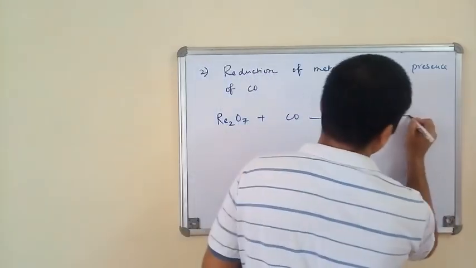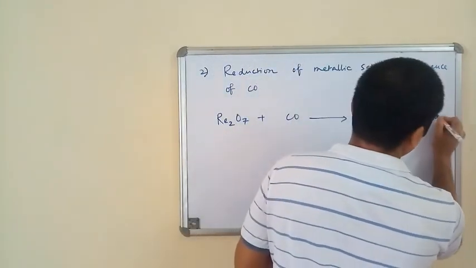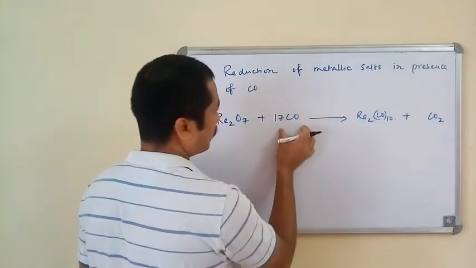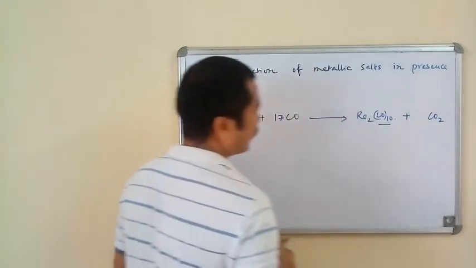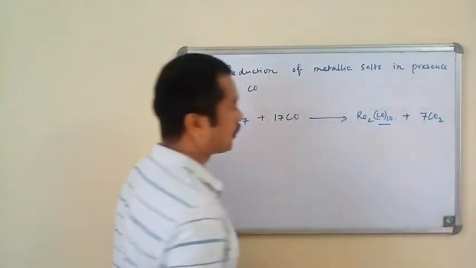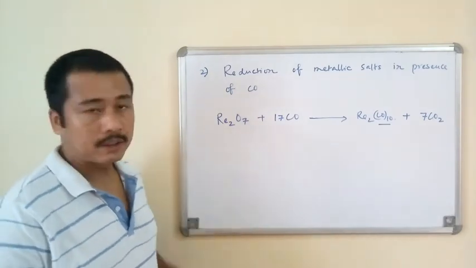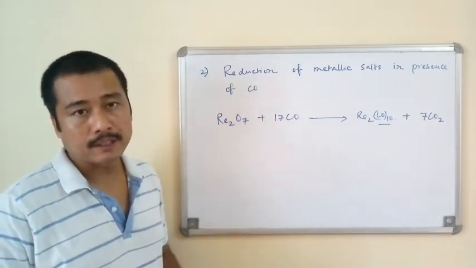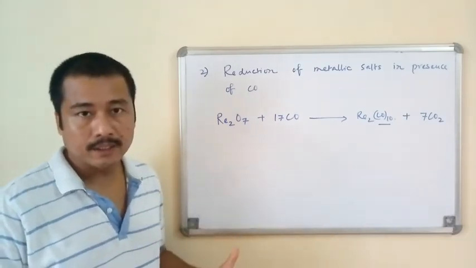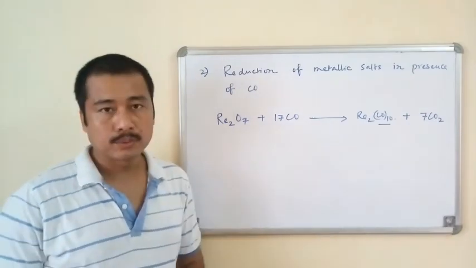The carbon monoxide which has reduced rhenium also gets oxidized, forming carbon dioxide. So you need 17 equivalents of carbon monoxide: 10 equivalents form the metal carbonyl complex Re2(CO)10, and 7 equivalents get oxidized into carbon dioxide while reducing rhenium plus 7 to 0. So carbon monoxide acts as a reagent as well as a reducing agent to form Re2(CO)10.